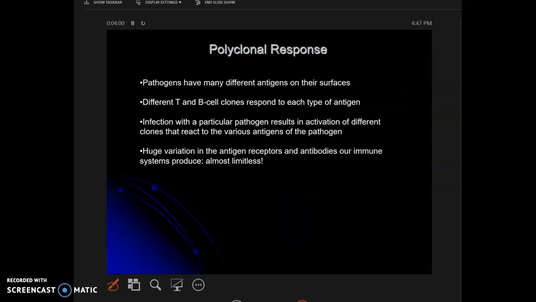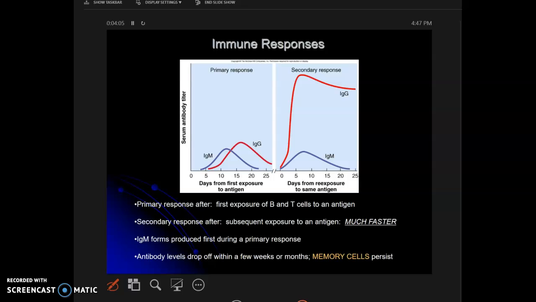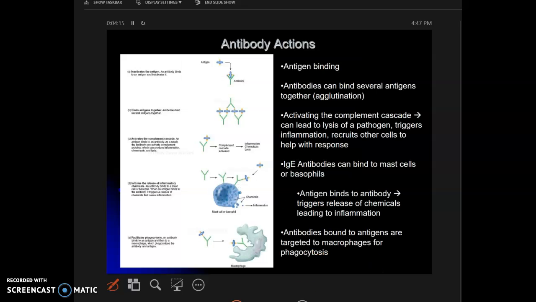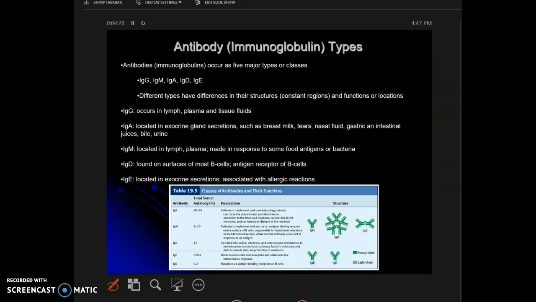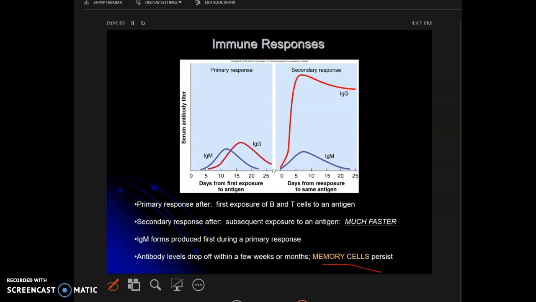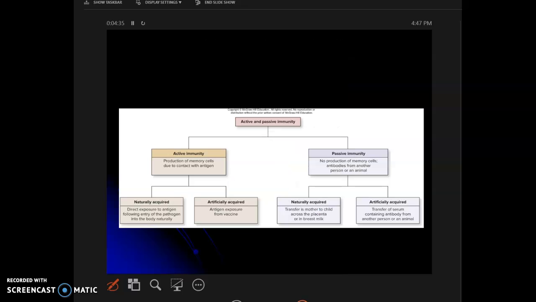So all that will not be needed now. You already have built up what? Memory cells, both T cells and B cells. So the memory B cells are going to be activated, and they will produce what? Antibody. And the minute they start producing antibody, you are going to be in good shape. You'll fight the antigen.